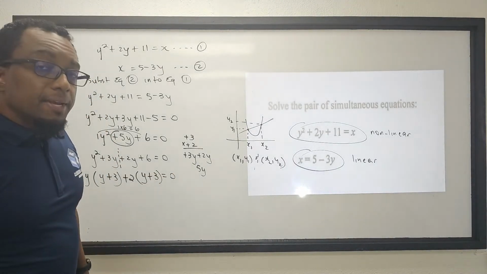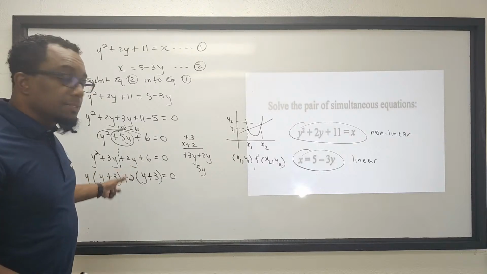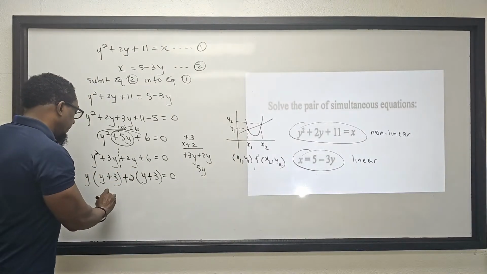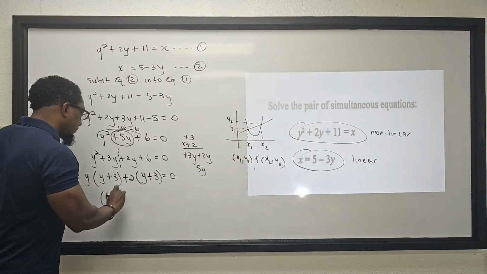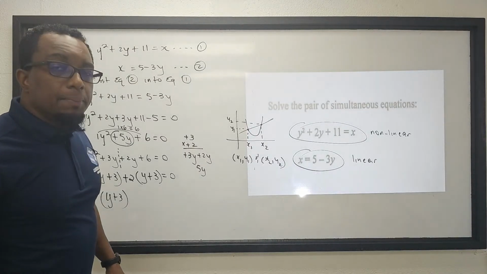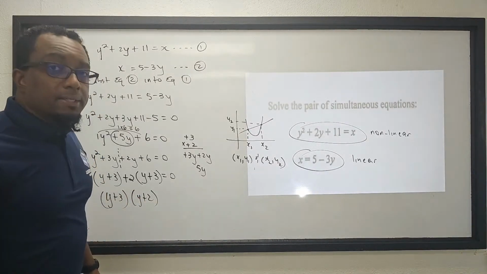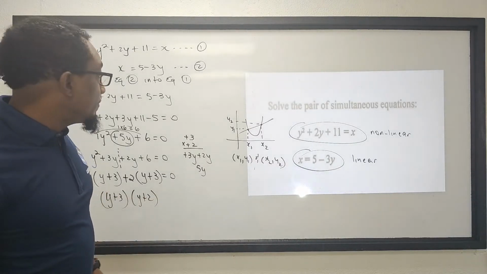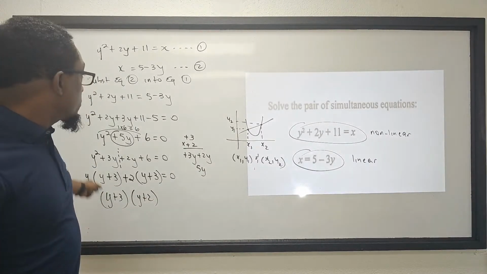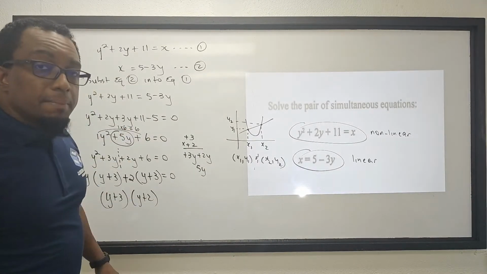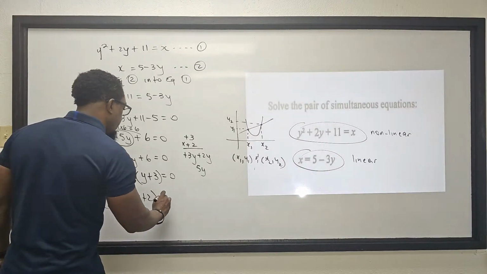Then I can further factorize by taking out as a common factor y plus 3. And what remains, which is y plus 2, will be placed in the other bracket. So I have my 2 sets of factors that factorize the quadratic expression. And of course, I'm maintaining equal to 0.